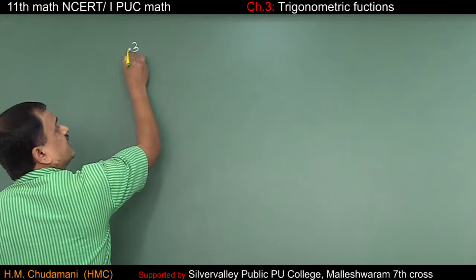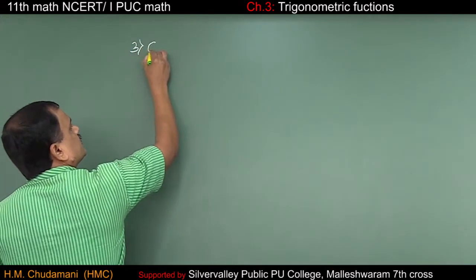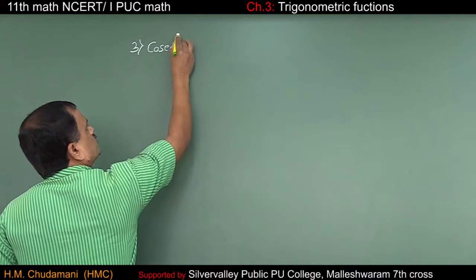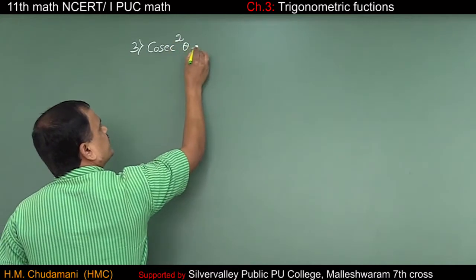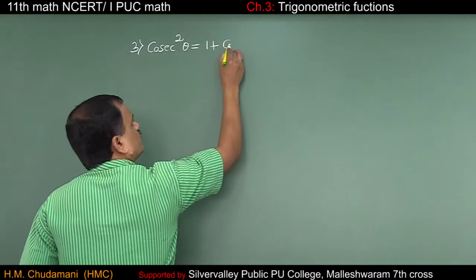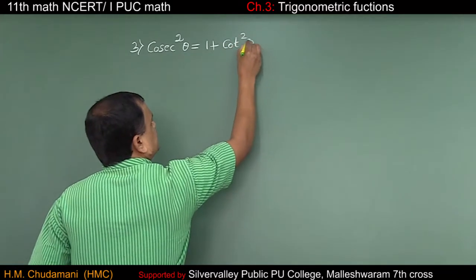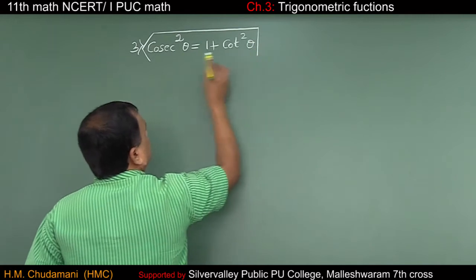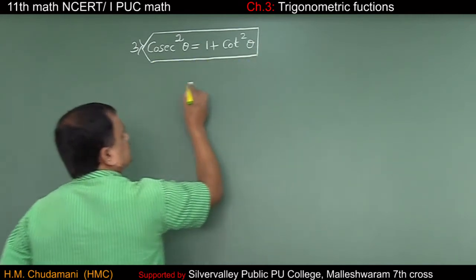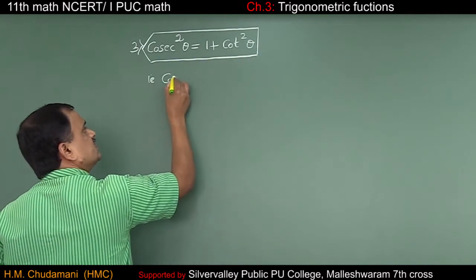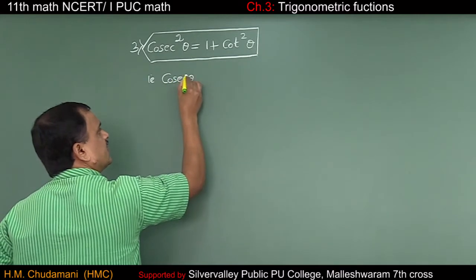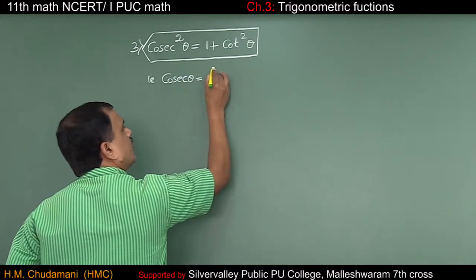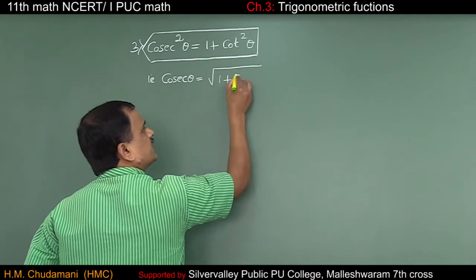The third identity: cosecant square theta is equal to 1 plus cot square theta, so that cosecant theta can be written as root of 1 plus cot square theta.